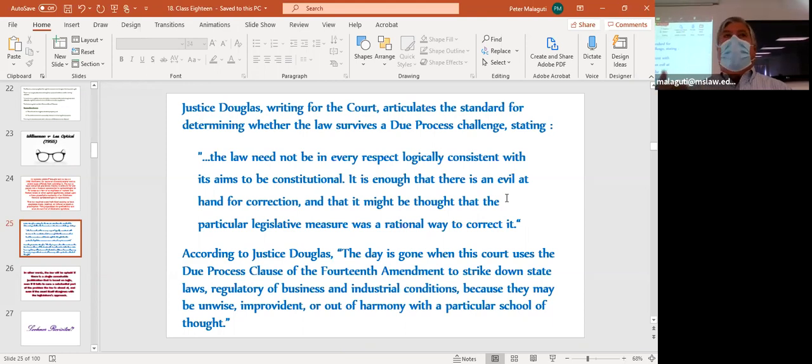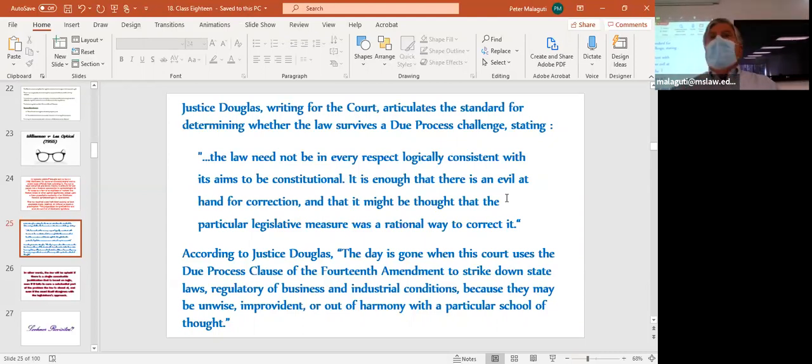He's saying, even if we think they're wrong, if there's a conceivable, rational basis that's justifying this, we are not going to get involved. We're a court, not a legislature. Policy matters, economic policy matters are left to the legislatures, not the courts. Do you guys see this as a separation of powers analysis that's going on here?